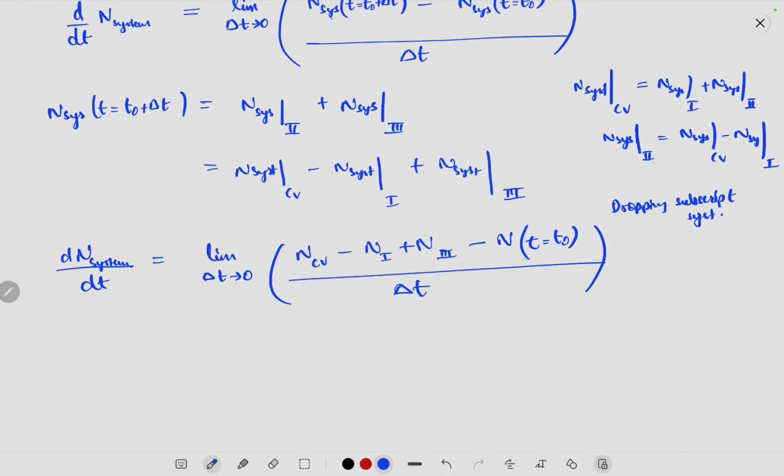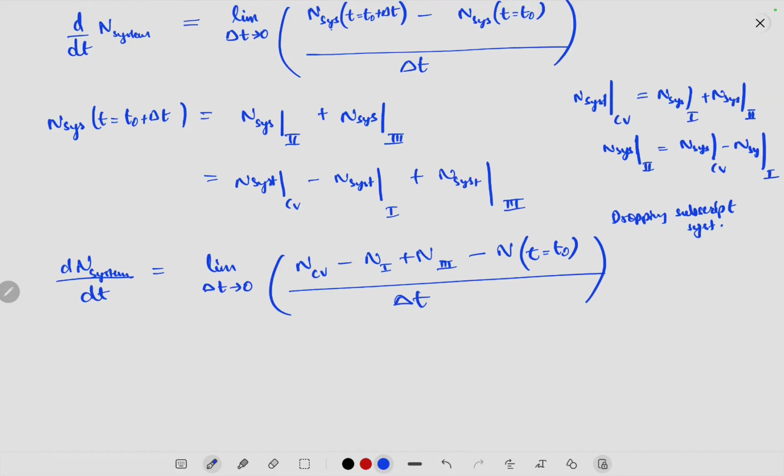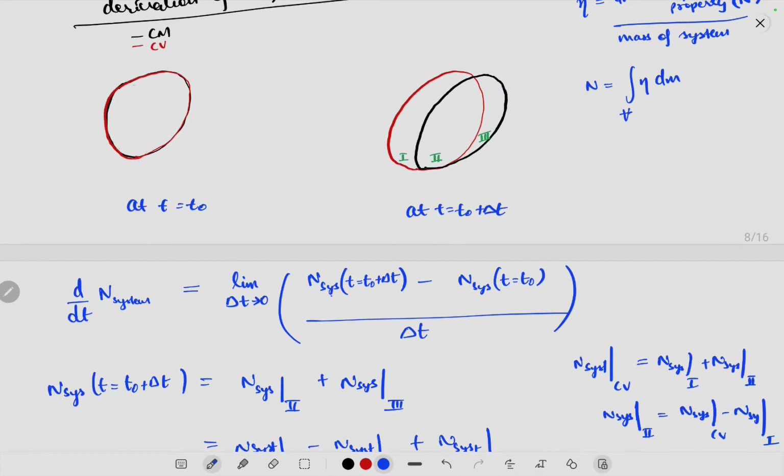Now what is N at t = t0? At t = t0 we had this. Can you see what N at t = t0 is? This is nothing but N_CV at t = t0. So this might get confusing: there can be N_CV at t = t0 and N_CV at t = t0 plus delta t.